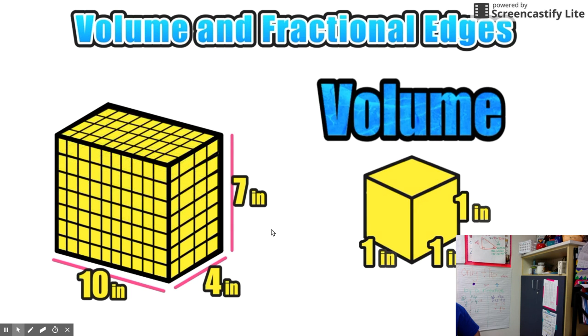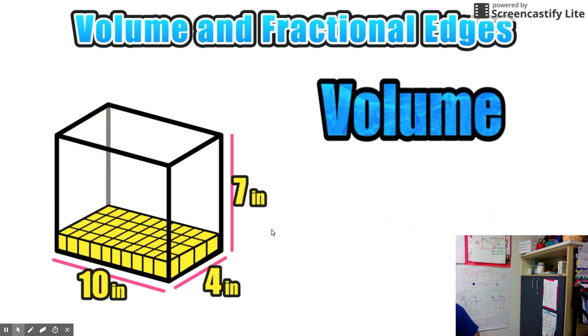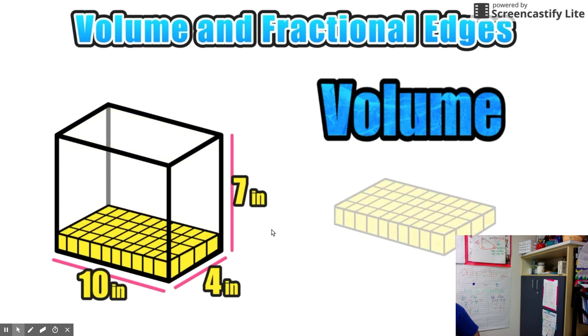figure. Now, counting every single one of these cubes would take a very long time and is not the most efficient way to find volume. Luckily, rectangular prisms have certain properties that allow us to apply general rules for finding volume, and we're going to explore those rules now. So let's imagine that we only use those 1 inch unit cubes to fill the bottom layer of this rectangular prism.